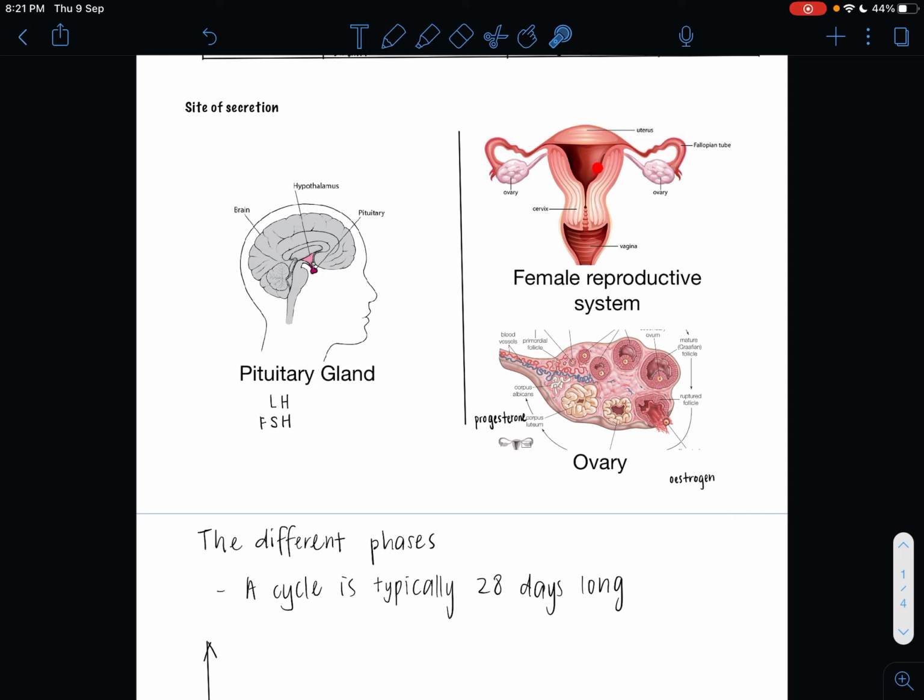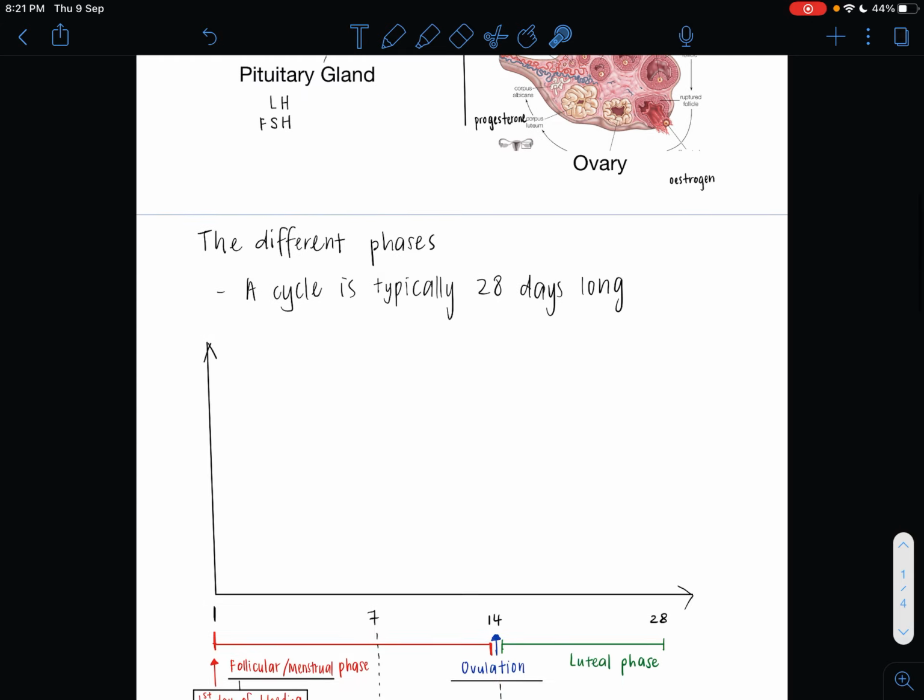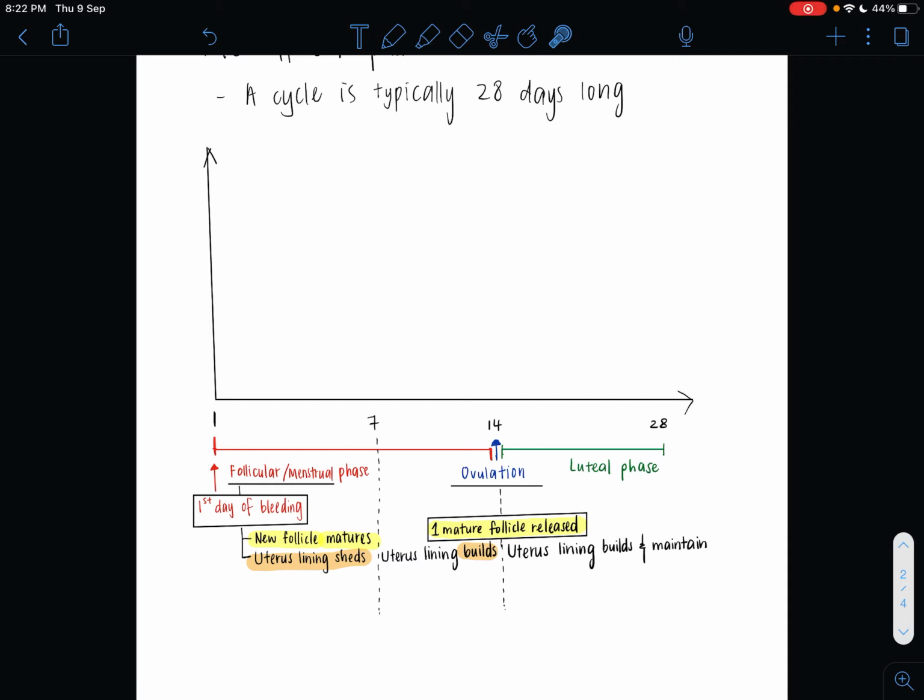So your body would shed the uterus linings and start a new cycle. This is the phase where the uterus lining is built and maintained after ovulation, just in case fertilization takes place. Towards the end, your body has already detected that no fertilization happened.